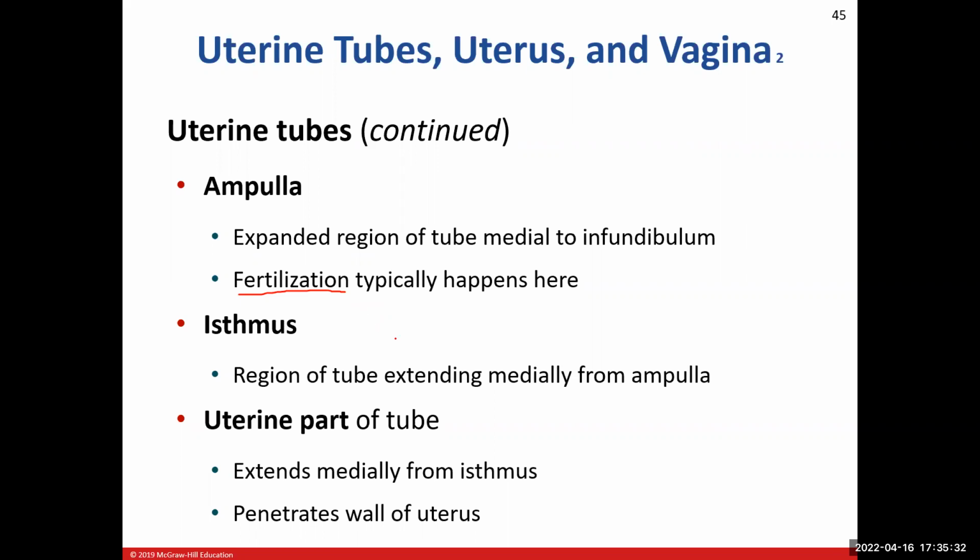Then that tube will go through the wall of the uterus and eventually to the internal cavity of the uterus. We call that the uterine part of the tube. Literally the uterus will surround this part of the uterine tube, and this is the part that goes right through the wall of the uterus.